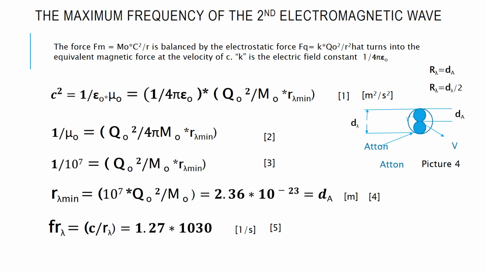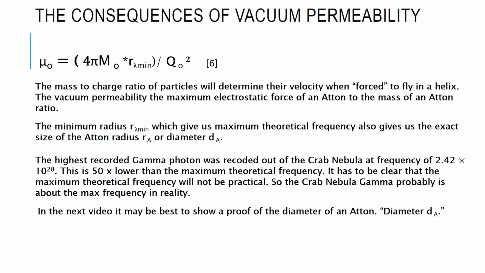Having done that, we then have to understand what is actually the vacuum permeability constant. Basically, if you look at it really closely, it is the maximum electrostatic force, because it is the minimum distance from each other, to the mass of the atton ratio.